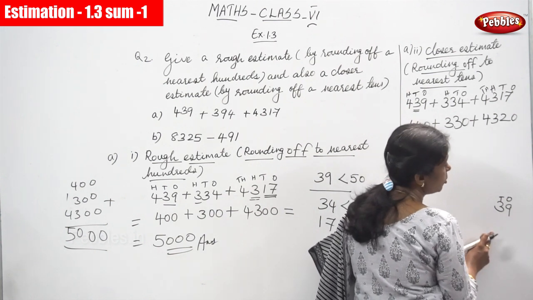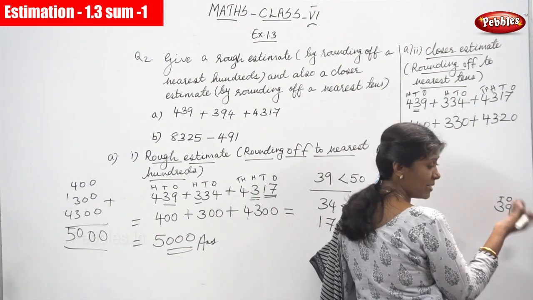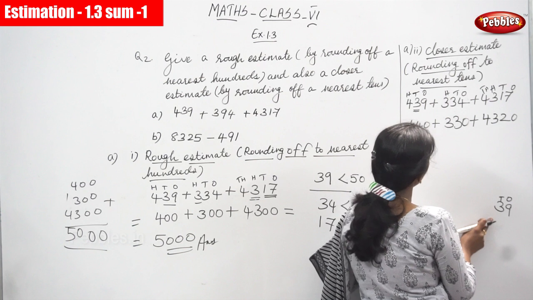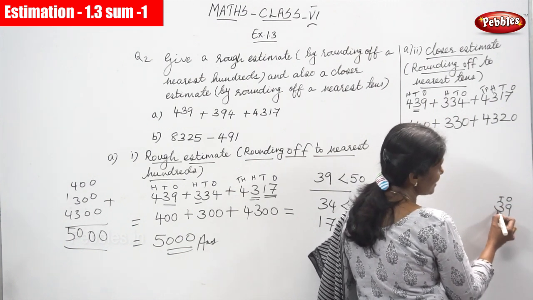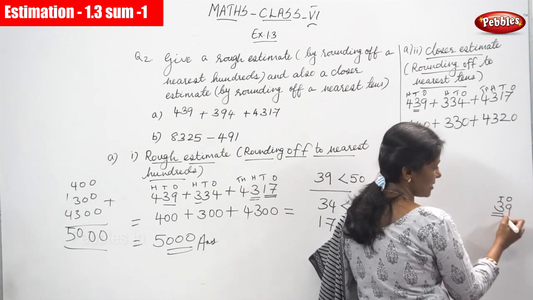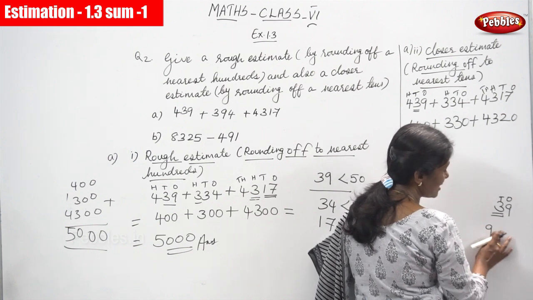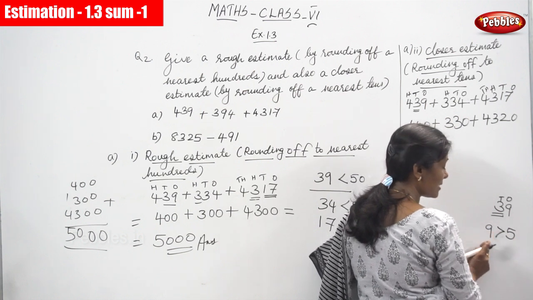So what are you going to do? We should not consider that. You can't add 1 with the tens place value. So what is this 439? You have to consider the tens and ones place value. What is the number in the tens place? 3. But you have to consider the ones place value. So 9. 9 is greater than 5.